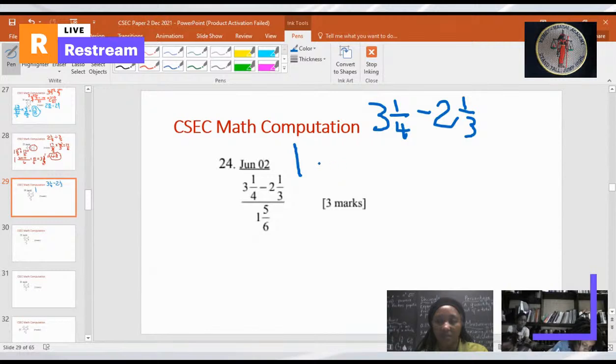Then we're going to find the LCM of 4 and 3, not the LCM of a quarter and a third.